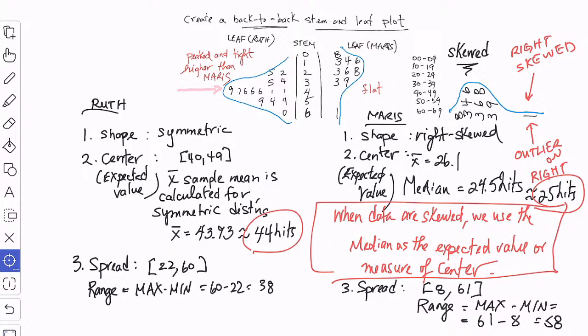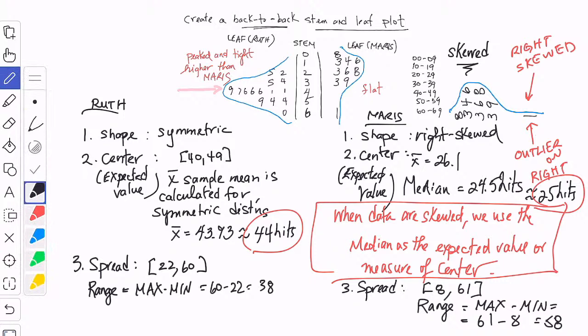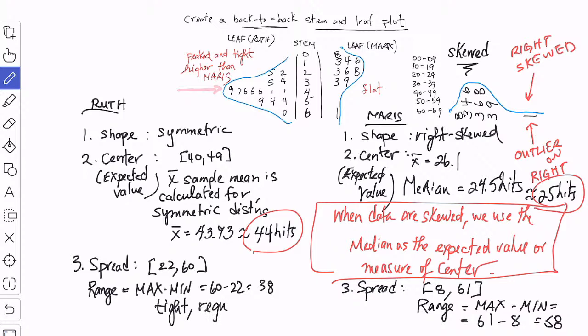The next thing we can do, oh, and I can comment. I can make some tight, regular distribution. And for Maris, you can make the comments that I made before, flat, and say volatile.